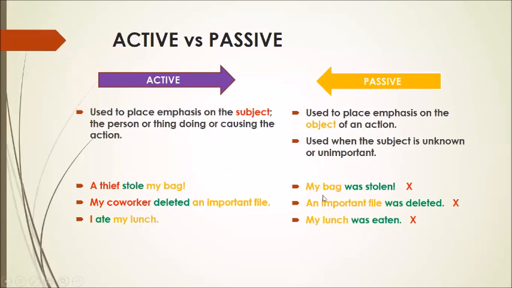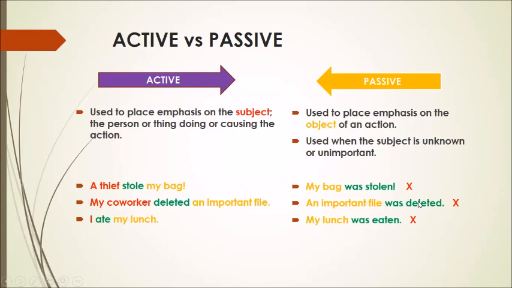For example, my bag was stolen. Who stole my bag? It doesn't matter. Okay, or we don't know who was the person who stole my bag. But the most important thing is my bag was stolen. In the second example, an important file was deleted.